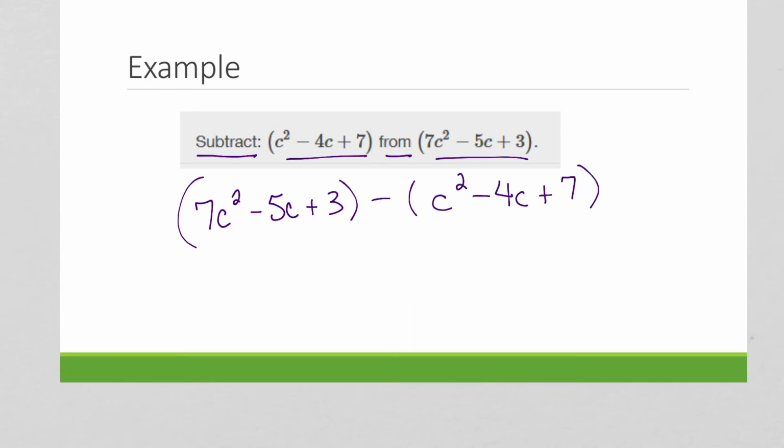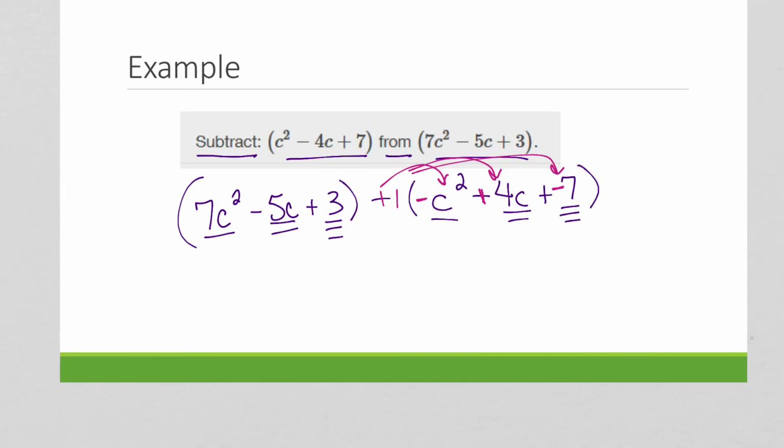And now we want to distribute our -1 here, so change this to a plus, change this to a minus, change this to a plus, change this to a minus, okay?